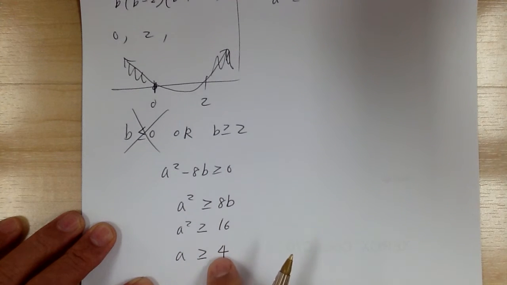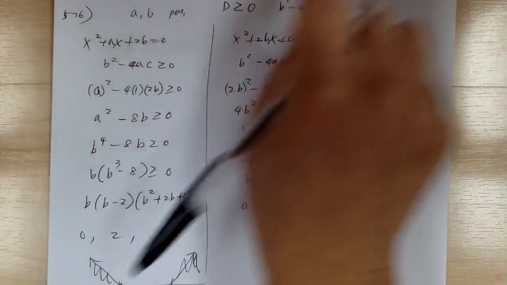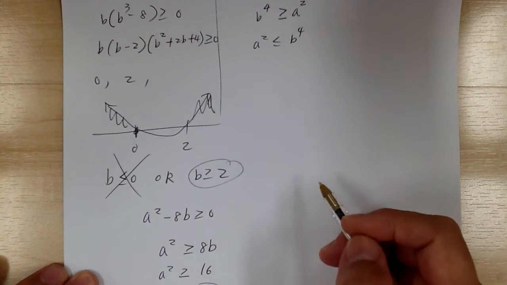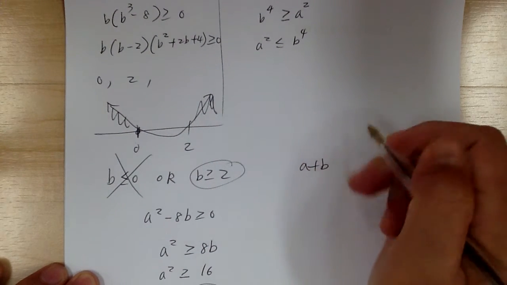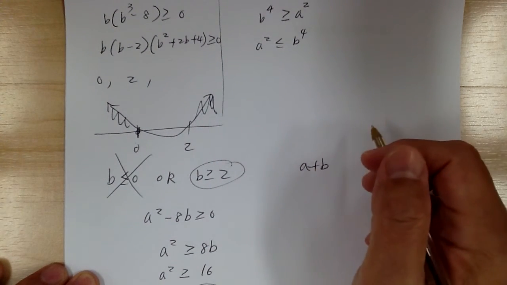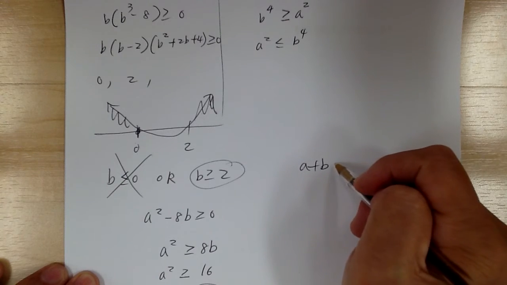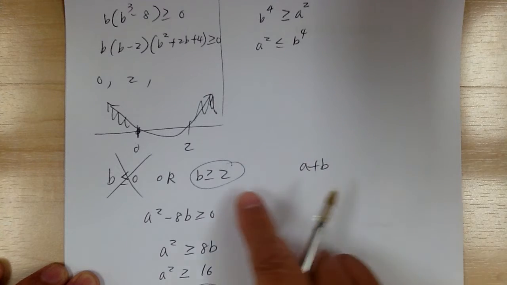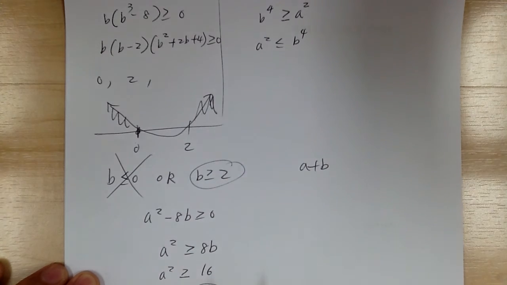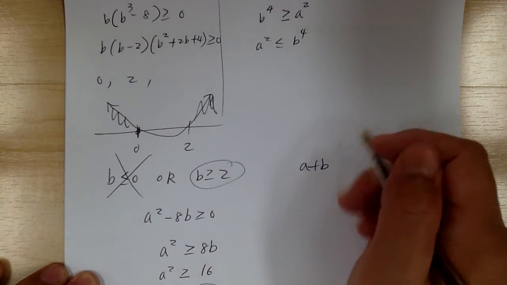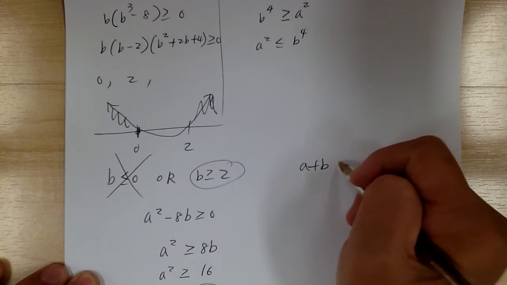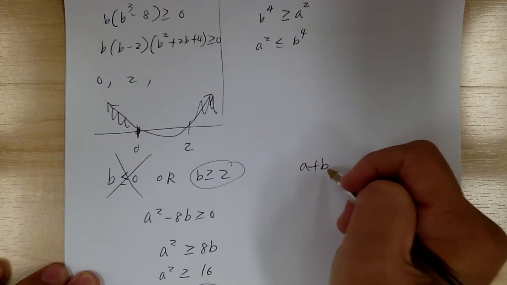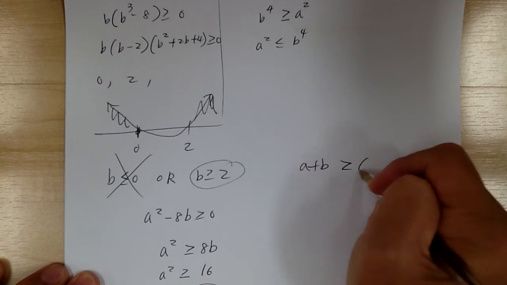Now you don't have to worry about negative, because again both have to be positive, right? So we have this and this over here. So a plus b, when you substitute, since b is greater than or equal to 2, a is greater than or equal to 4, so a plus b will be greater than or equal to 6.